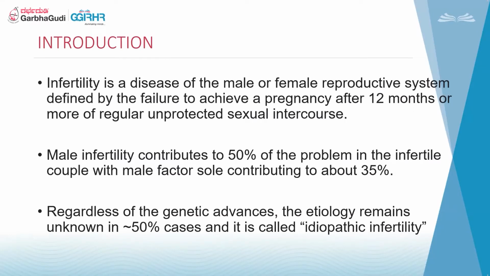Although we have gained so much on DNA fragmentation and genetics, in some cases all the semen parameters are normal, and still some factors contribute to male infertility, and those are put under idiopathic infertility. But as the science is progressing, we are able to categorize some of these into etiologies like reactive oxygen species or DNA damage.